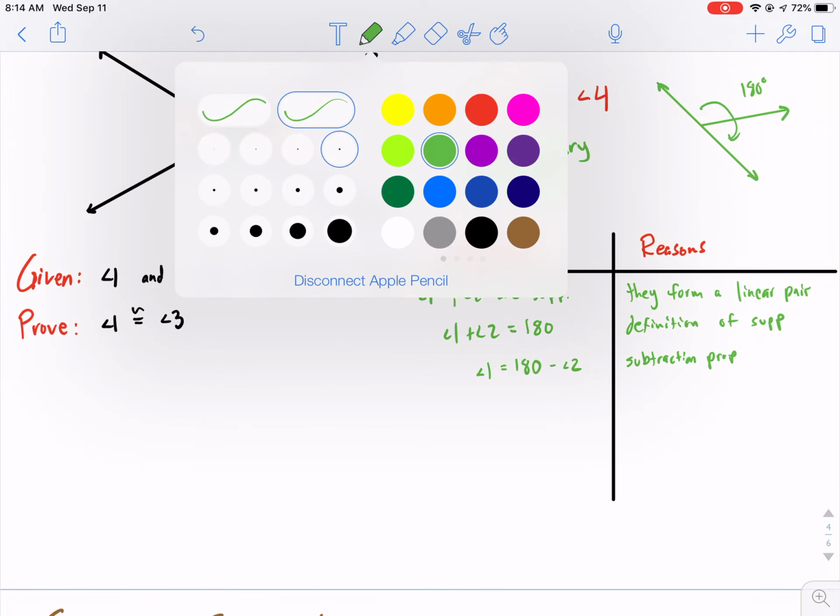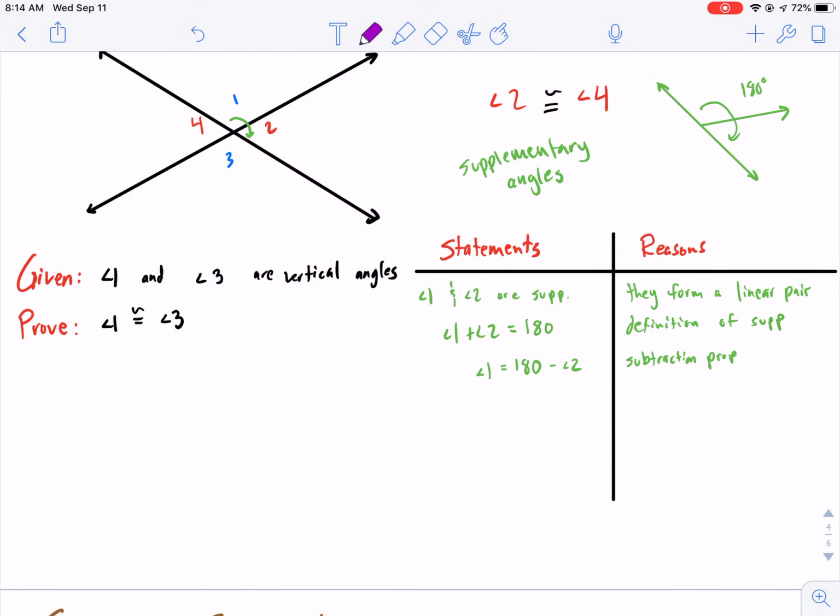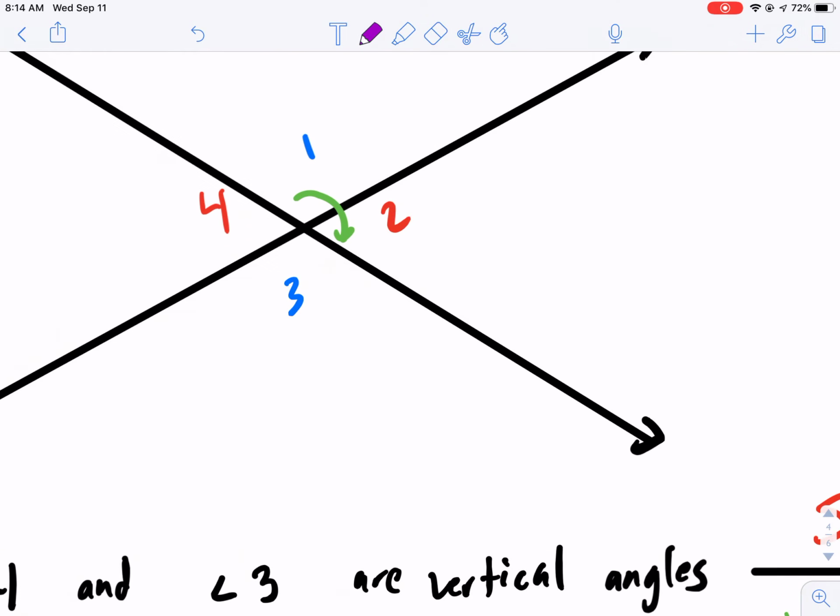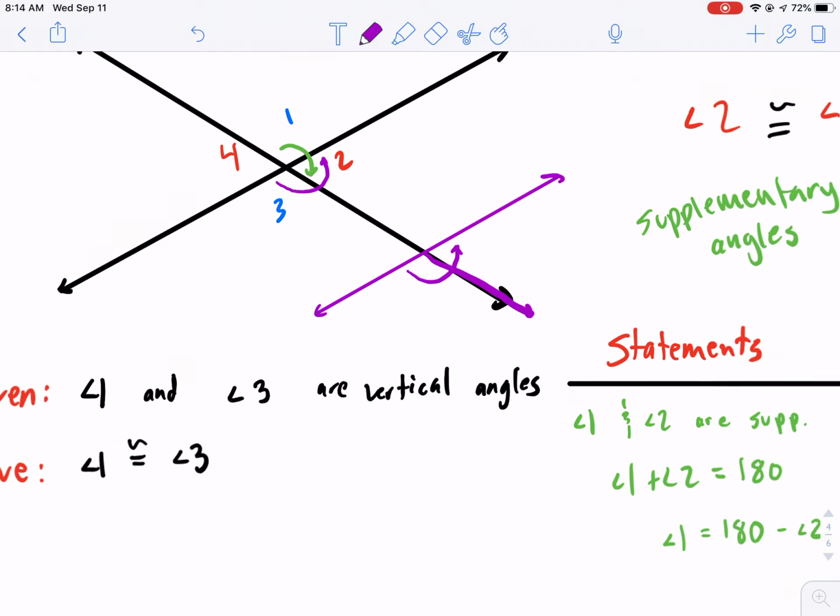Now, what's another piece of information we have? Well, if we found something about angle 1, we should probably find something about angle 3. So look at angle 3 and angle 2. What do you notice about them? Guess what? They too form a linear pair. They're split up and together they form 180 degrees.